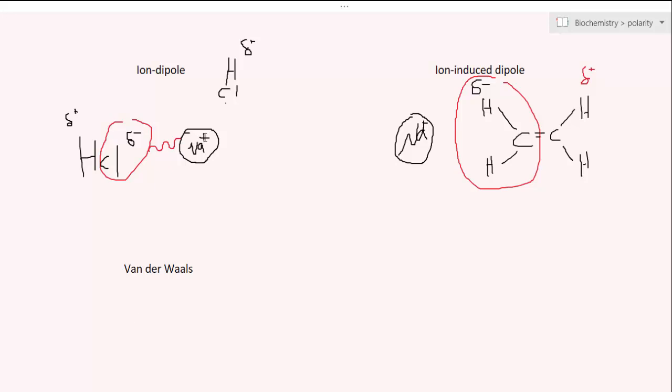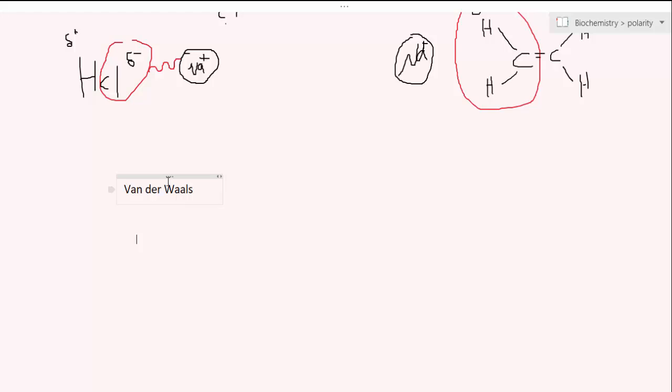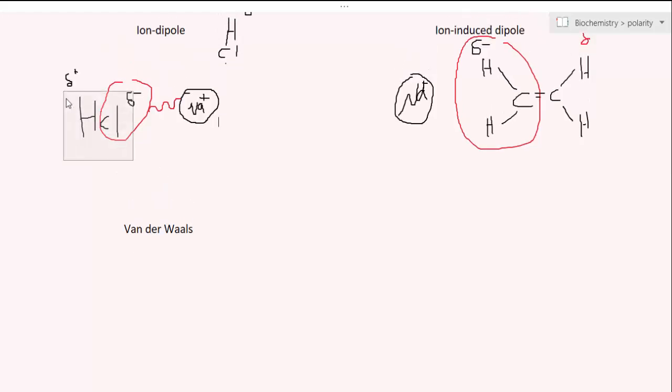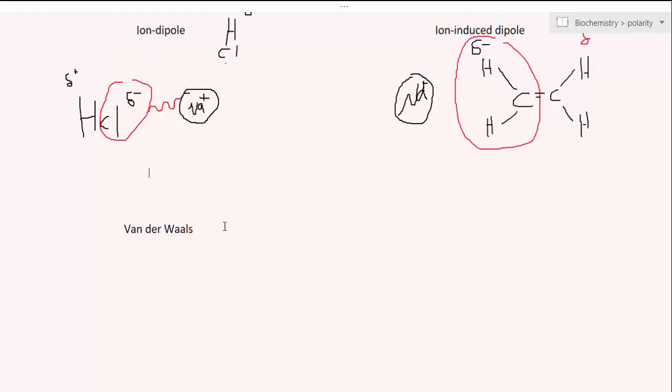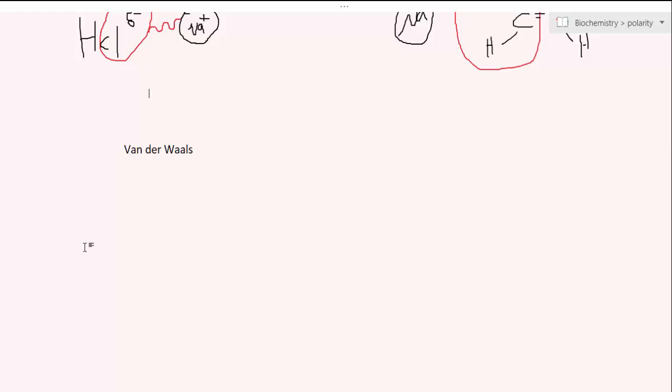It bears a positive or a negative complete charge. Whereas the HCl, for example, and the ethylene, they are neutral. However, in HCl, there is polarity, but it is neutral. Van der Waals is concerned with these neutral molecules.